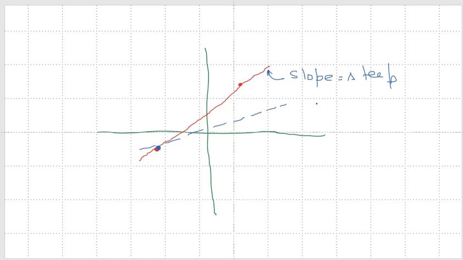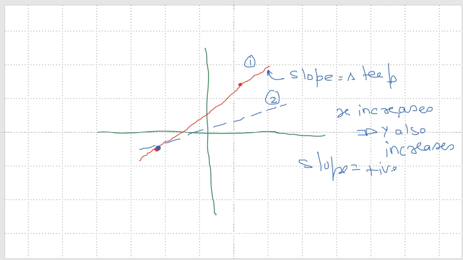Now the lines I've drawn, line number 1 and line number 2, both are growing as x increases. As x increases, it implies that y also increases.